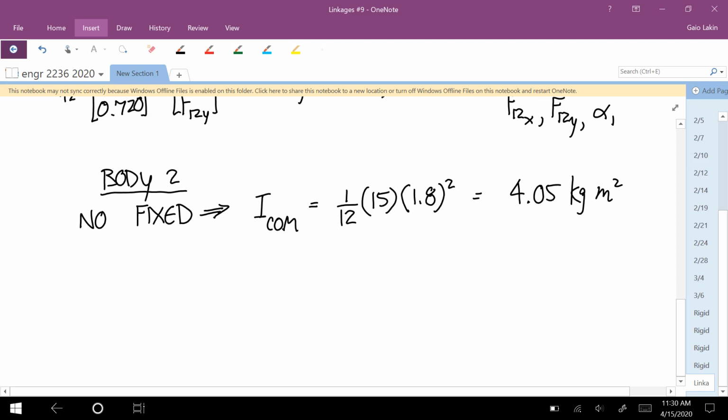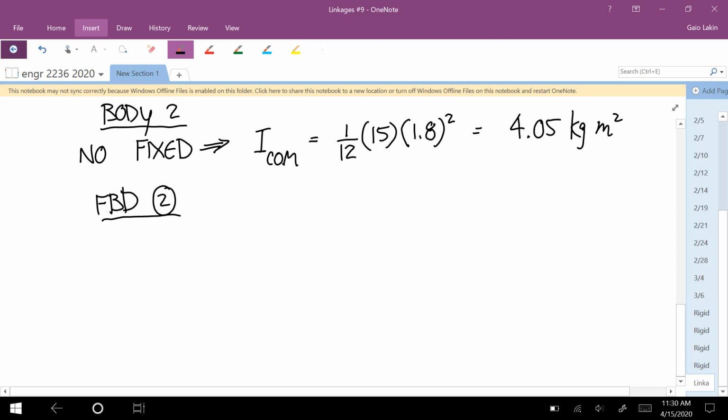And now we can draw the free body diagram. This is body 2. Our center of mass is the about point.